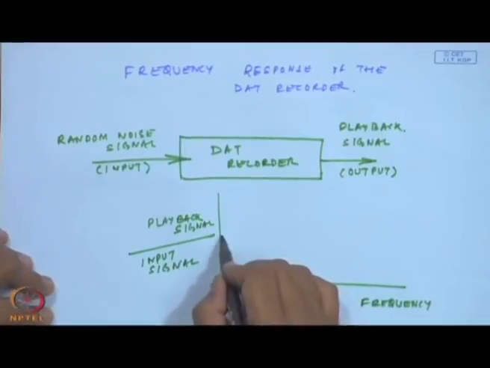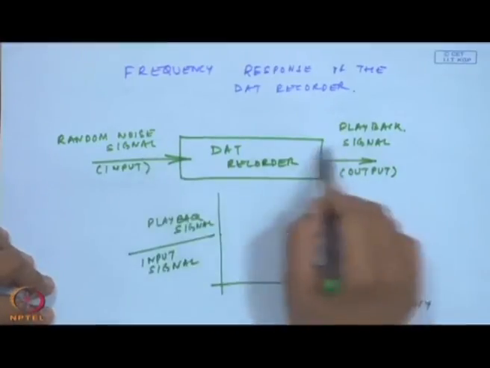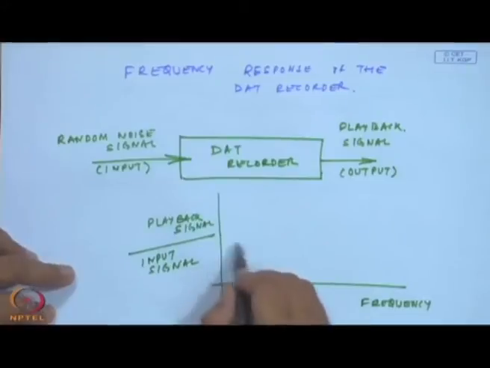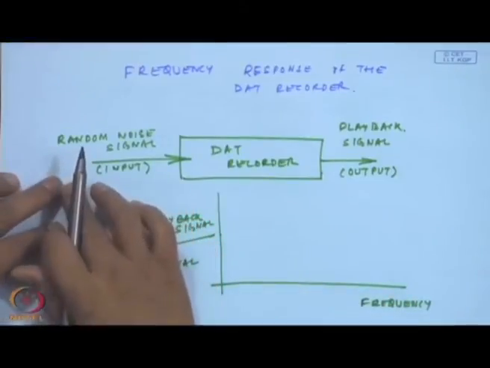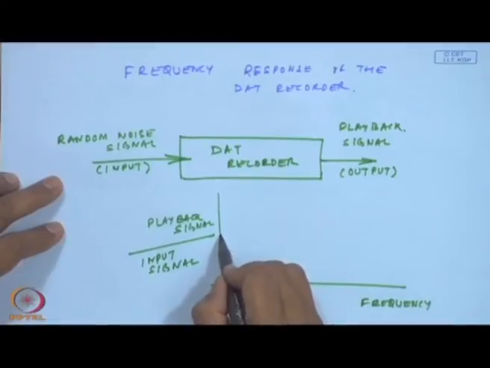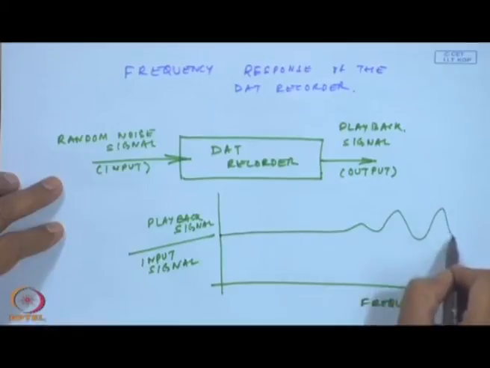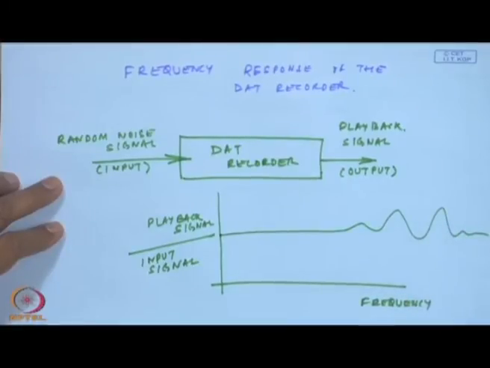You will see a flat response, because the playback has to be of the same level as the random noise signal, and if you have recorded random noise of a particular bandwidth, you will see this.